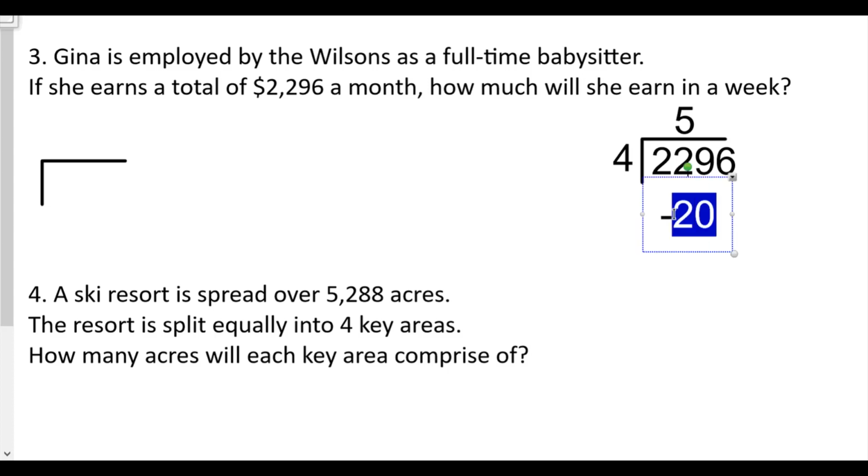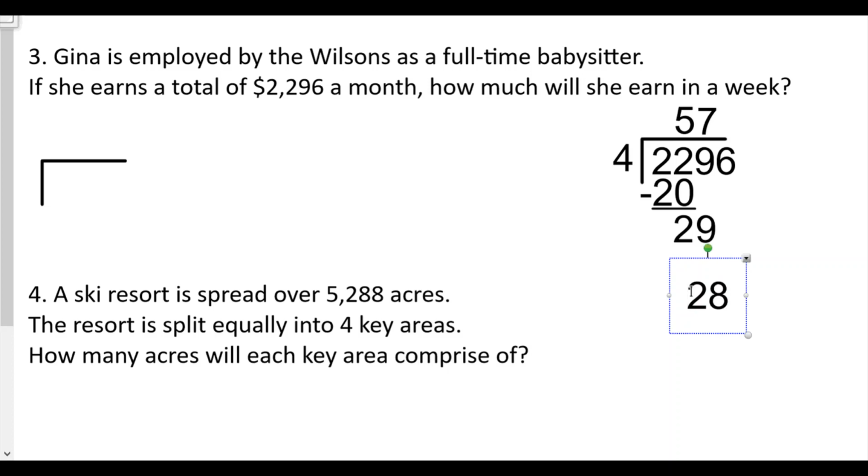And I want to subtract that. So I minus that and I get 2. I'm going to bring down the 9. That now gives me 29. 4 goes into 29 7 times. That belongs up there because 7 times 4 is 28. Now I'm going to subtract that.